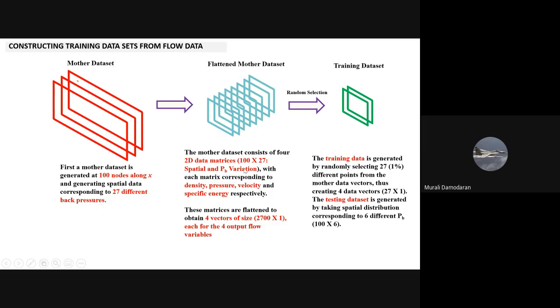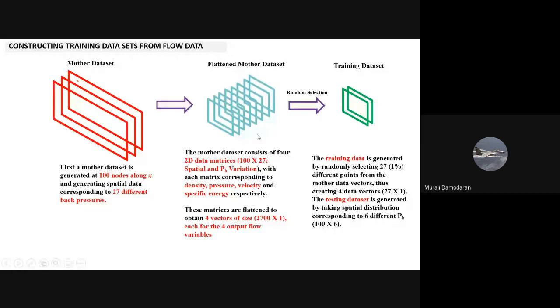The mother data set will consist of 4 two-dimensional matrices of 127, basically spatial and back pressure, corresponding to the density, pressure, velocity, specific energy. Matrices are flattened to obtain 4 vectors of this size, each for the 4 output variables.